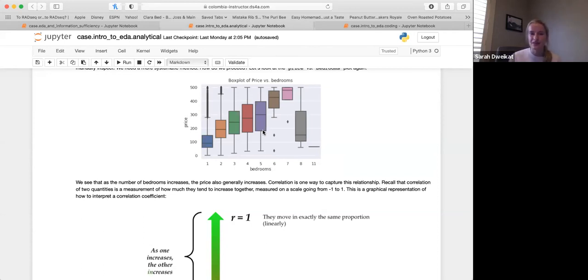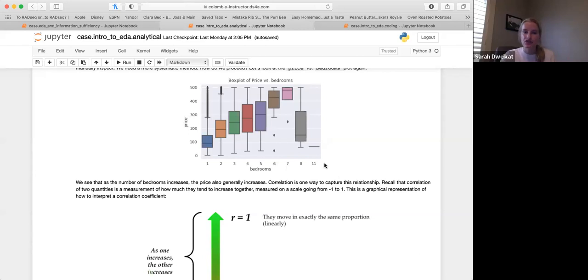That just means that because we see a relationship between two variables, we'll look at correlation, and we will get a number that signifies the strength of the relationship between them. But it doesn't necessarily mean, let's say we find a positive correlation, which means that as the number of bedrooms increases, so does the price.